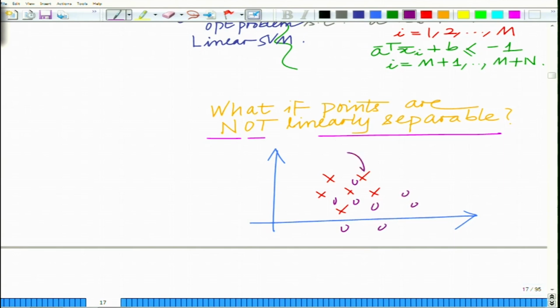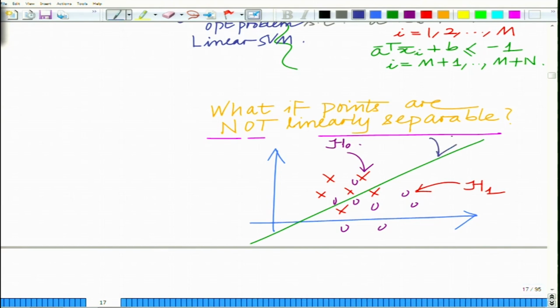So, these are the H0 points and these are the H1 points, and you can see there are two clusters, but if you try to separate them by any plane, you are going to have some classification error.